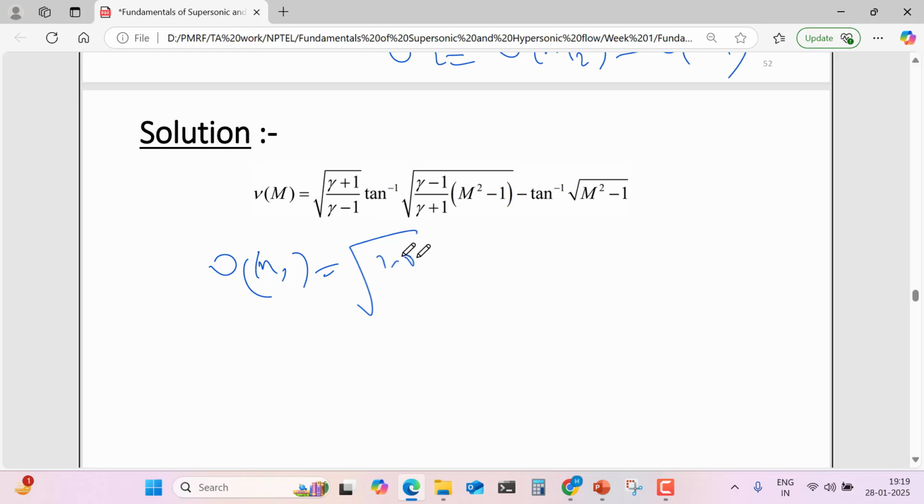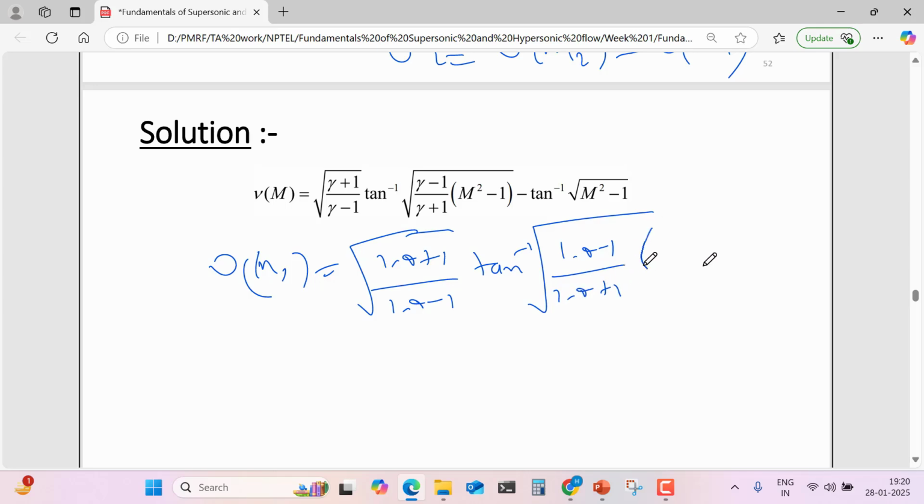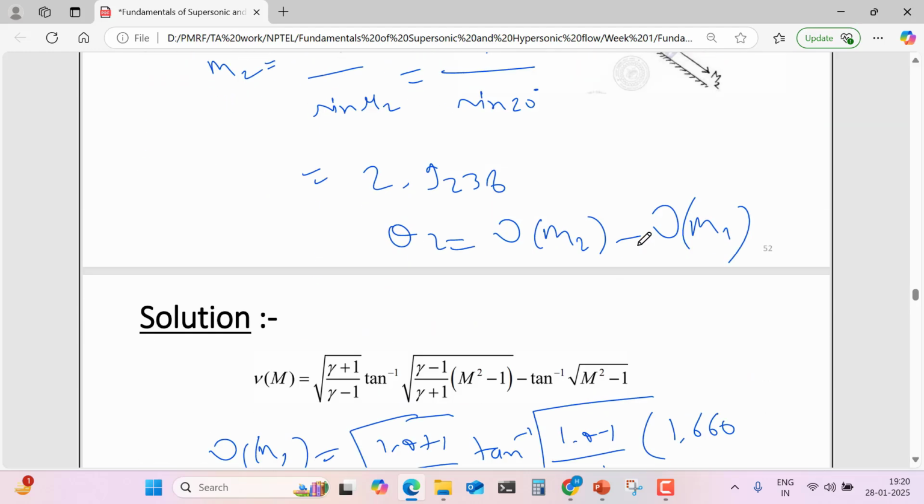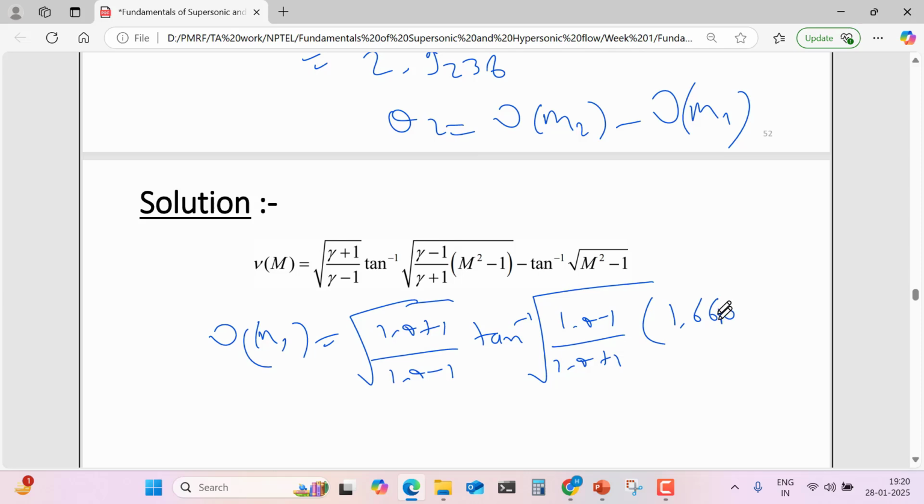It is square root of (1.4 plus 1) by (1.4 minus 1), tan inverse square root of (1.4 minus 1) by (1.4 plus 1) times (m1 square minus 1), where m1 is 1.6616, minus tan inverse square root of (1.6616 square minus 1).